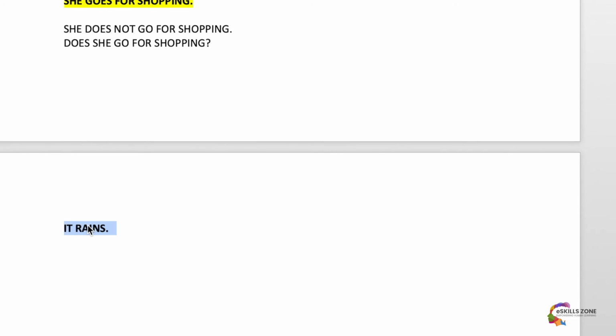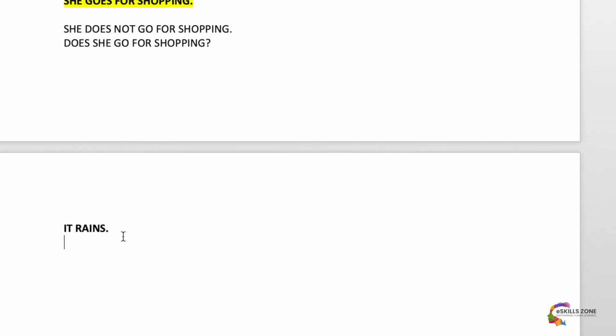Consonants are all alphabets of the English language which are not A, E, I, O, U. Because A, E, I, O, U are vowels, and when a word ends with any of these five letters, we use es. As you can see, it is highlighted, she goes, so O is a vowel, and that's why we are adding es. Whereas when the word ends with a consonant, as in it rains, we'll be adding s.